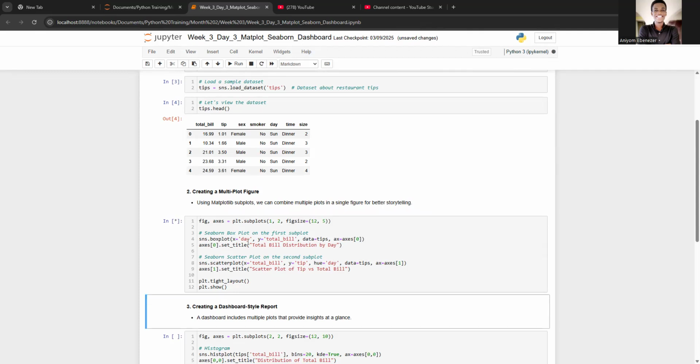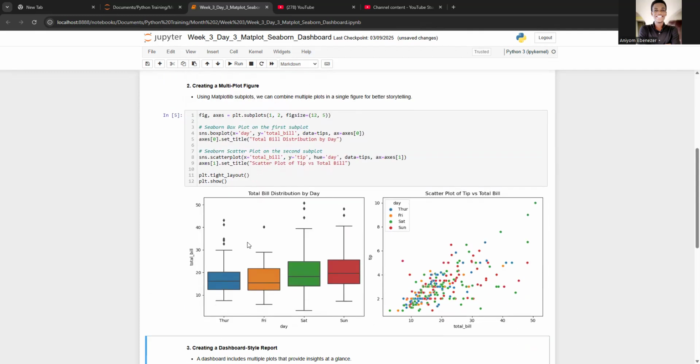So let's look at the visualization this is going to generate for us. So we have the total bill distribution by day. We are taking the total bill with respect to day. So you see how it differs. Here you can see that on a Saturday we had more bills. Did we actually have more bills?